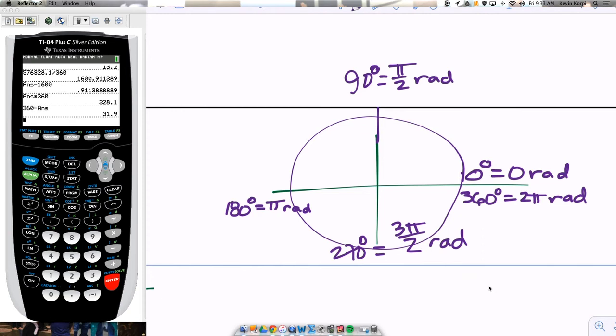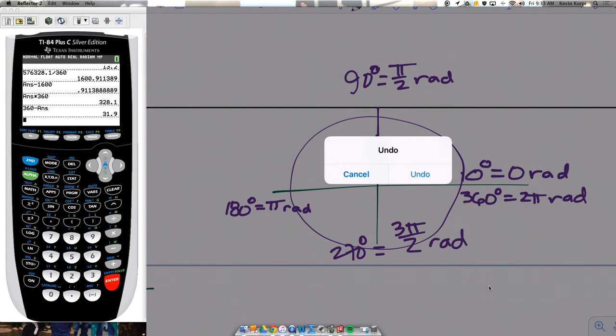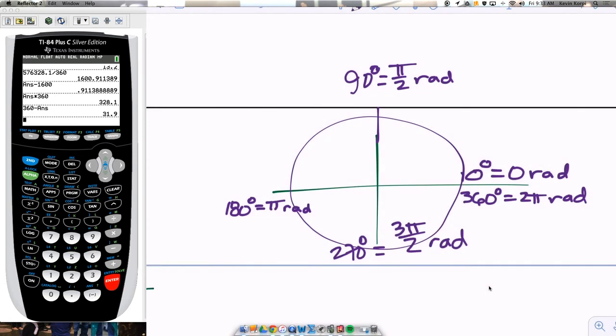The easiest one to use is probably one that doesn't have fractions. So I probably wouldn't use 90 equals pi halves because that has a fraction. Same thing with 270 equals 3 pi halves. I could use 360 equals 2 pi, but that simplifies, doesn't it? So the easiest one to use is actually this one.